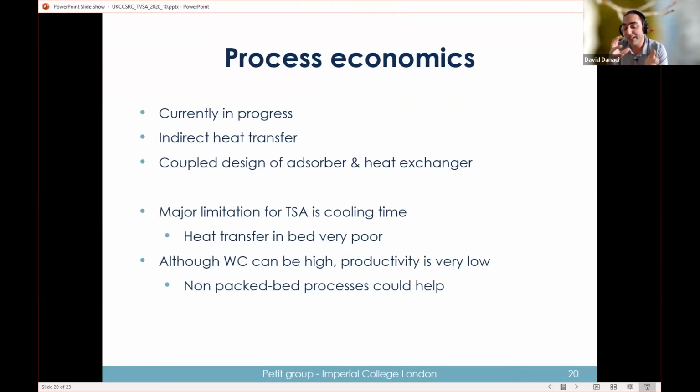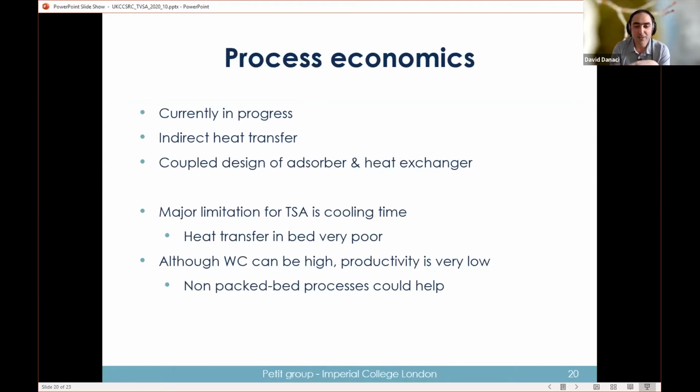So we've gone for indirect heat transfer because that means we can have the adsorbent in heat exchanger tubes and have a hot fluid on the outside, on the shell side, to heat, and then we can run a coolant also on the shell side to help the cooling of the bed.